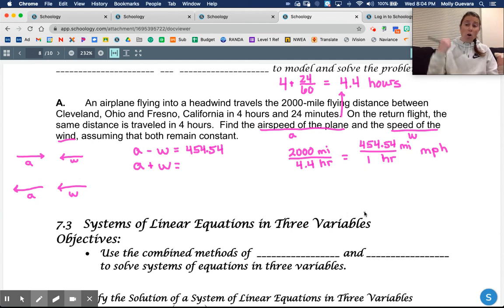Then on the way back to Cleveland, it's still 2,000 miles, right? The distance hasn't changed, but now I'm doing it in 4 hours. So what's my speed there? That's 500 miles per hour.